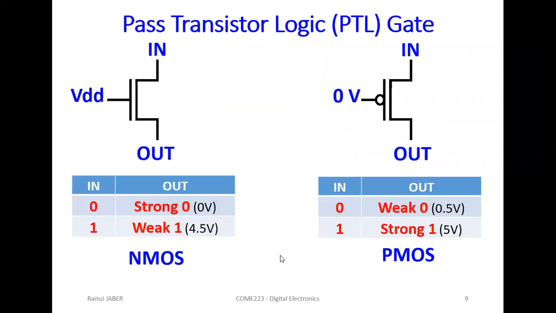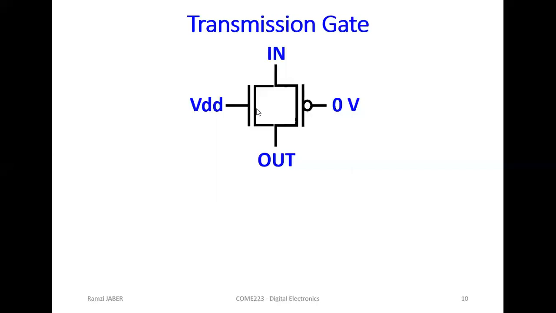The disadvantage here is weak 1 and weak 0 in the PTL gate, so they invented the transmission gate that puts N channel and P channel in parallel, same drain, same source.